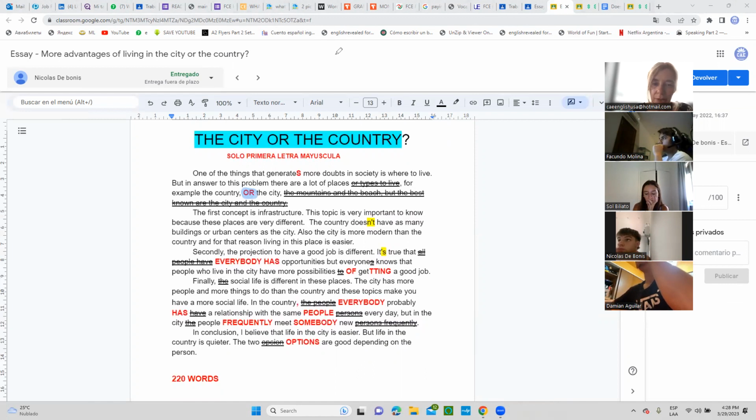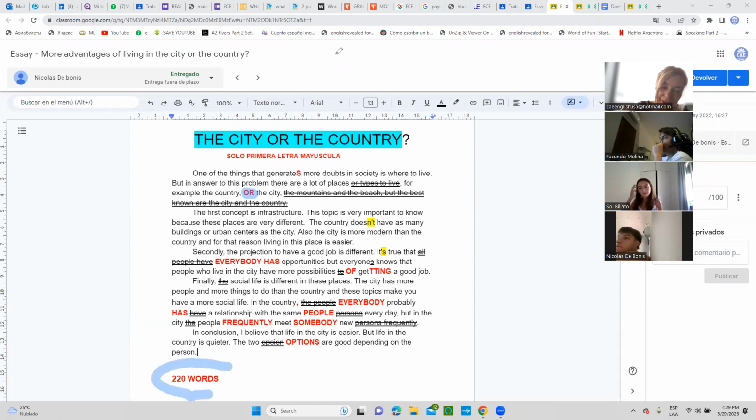And I crossed out what you wrote, for example, the country, the city, the mountains, and the beach. But the best known are the city and the country. If you're going to talk about the city and the country, then why mention the mountains and the beach? Do you understand? Nico, why write that? Besides, considering that you have 220 words, this final sentence is not necessary.